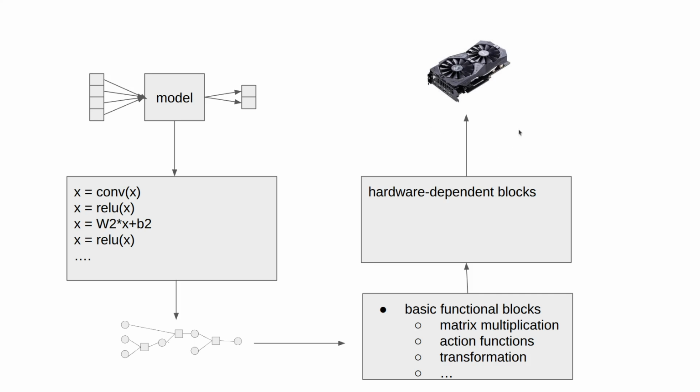For NVIDIA, it will be CUDA. So eventually, even though we write the program in Python, the Python program will be converted to the computational graph, and the computational graph will be converted to basic functional blocks written in C, C++ or for the GPU, so that the performance will not be limited by the Python interpreter.